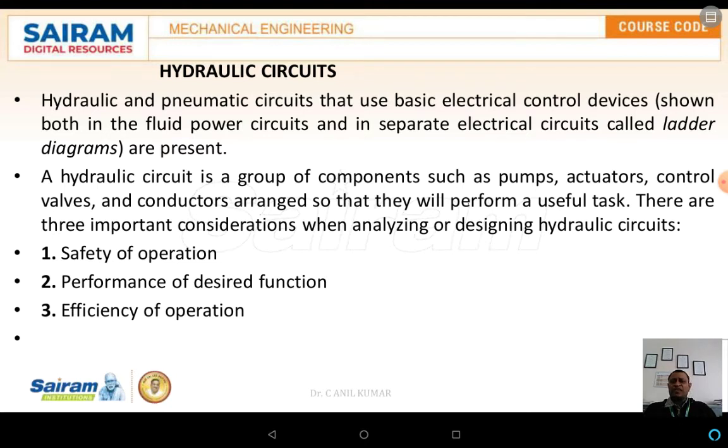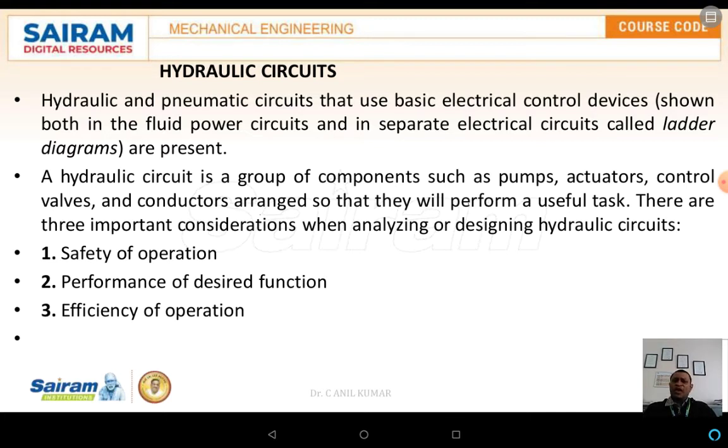The third is the efficiency of operation. This means that if there are any leakages in the circuit, they should be compensated. If not compensated, there will be a failure at the application end. These are the three major considerations while designing a circuit.